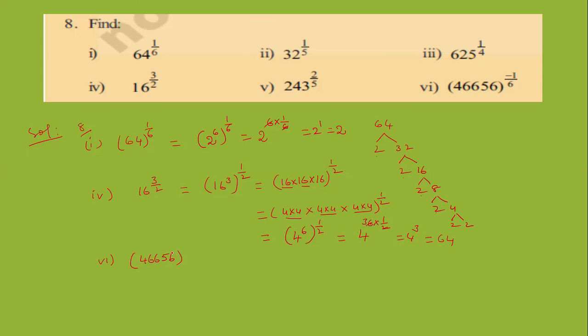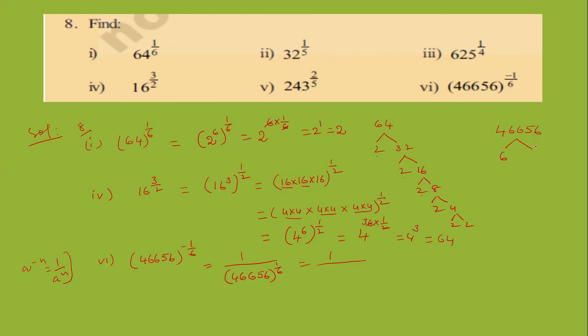That is 46,656 to the power of minus 1 by 6. Already we know one formula: a to the power of minus n is equal to 1 by a to the power of n.